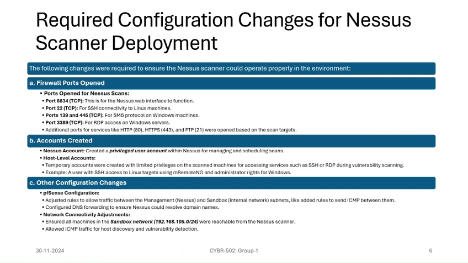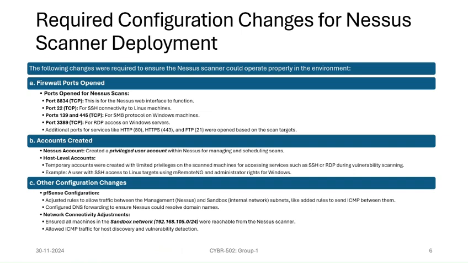Next were user accounts, where appropriate permissions were created on the target machines to allow Nessus to authenticate and retrieve vulnerability data. Finally, DNS configuration was adjusted to resolve target host names effectively, ensuring accurate scan results were retrieved.